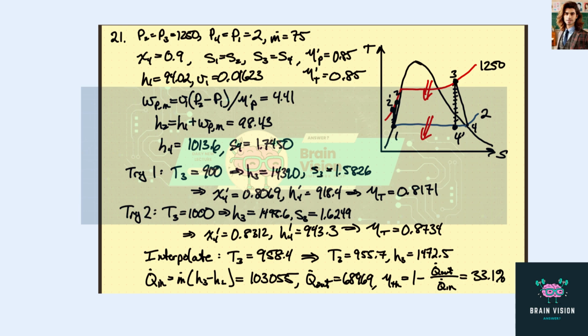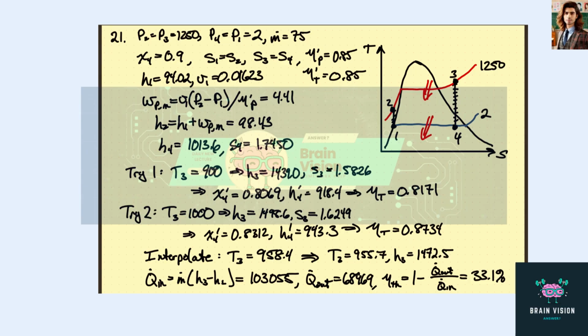Same situation, 90% for the isentropic. Well, no, actually, this whole problem, I drew that. I really shouldn't have drawn it like that, because in this problem it's this point that should be 4.